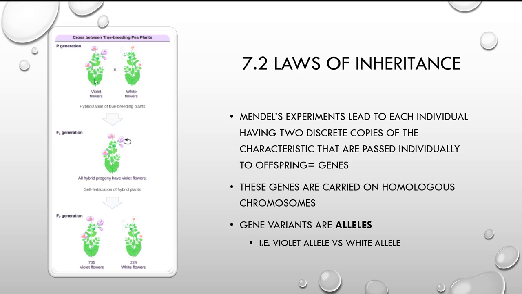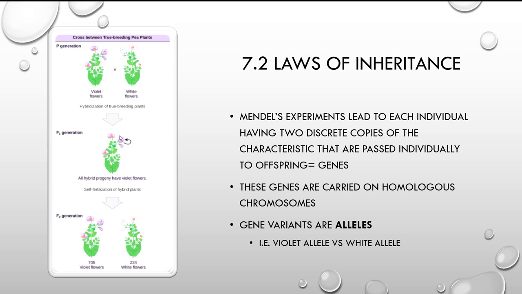And those copies were passed on to the offspring, so that the offspring each had one copy from each parent. For example, in this pea plant, the coloration of the flower came from both parents, right?